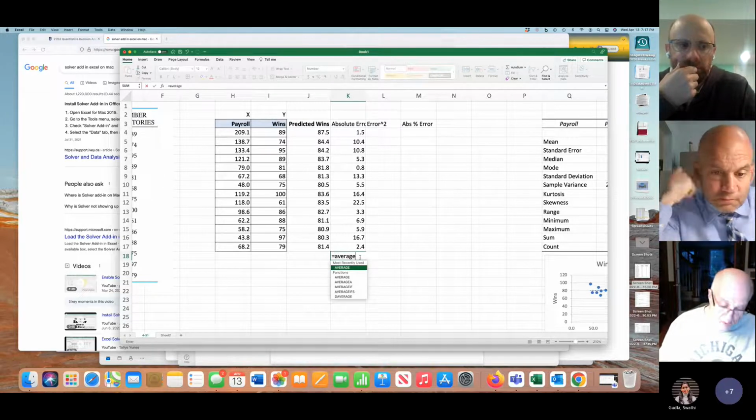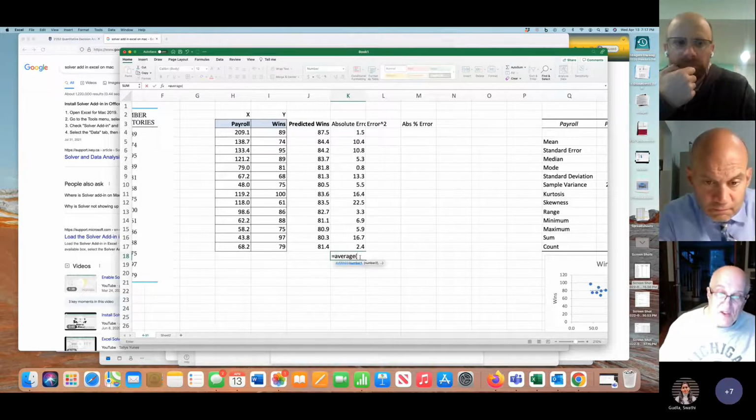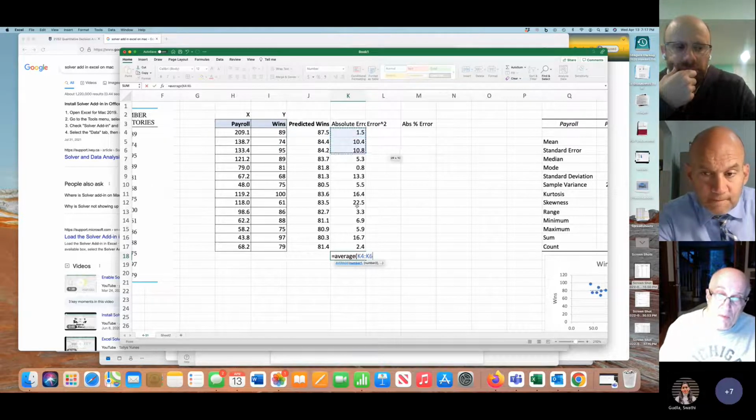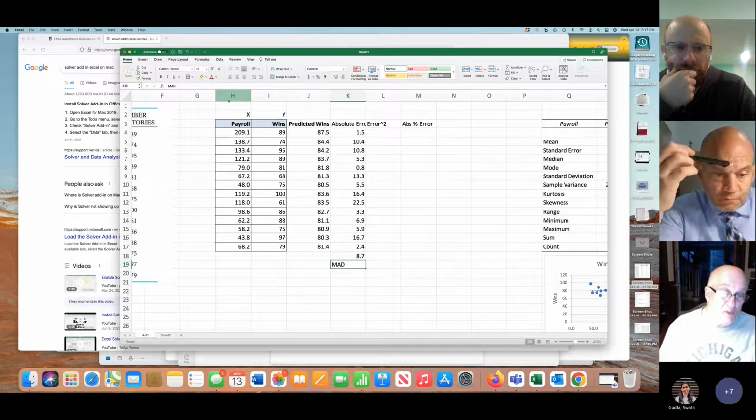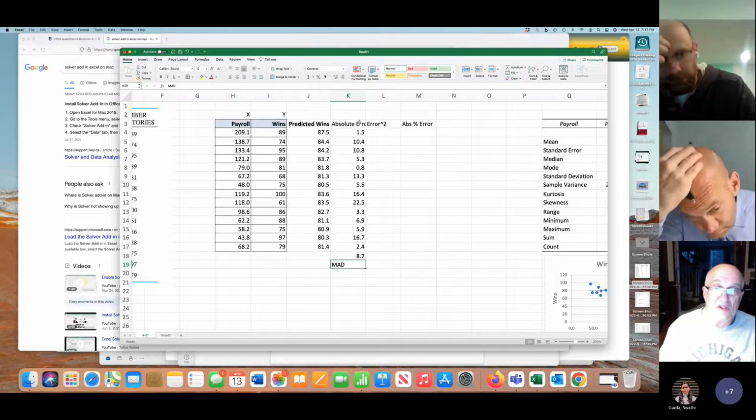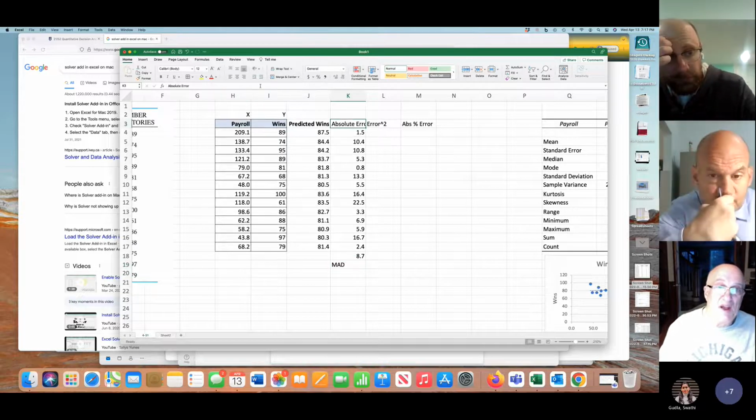I want to find out what my average deviation in wins is using this method. I don't care if it's plus or minus deviation. Mean absolute deviation, that's what MAD stands for. Mean, which means average, absolute deviation. Absolute error and absolute deviation are the same thing.